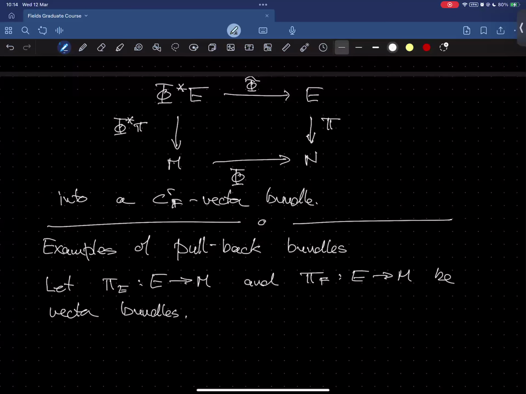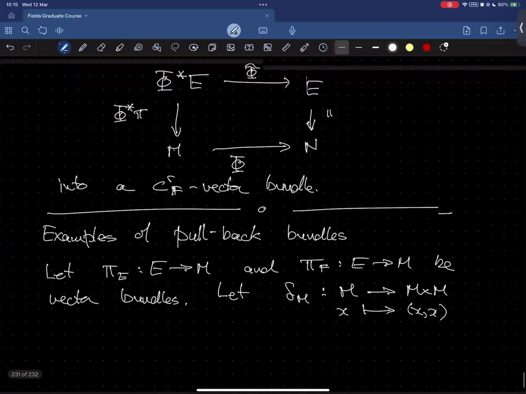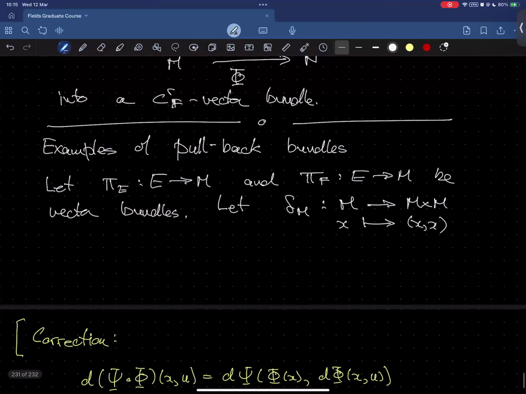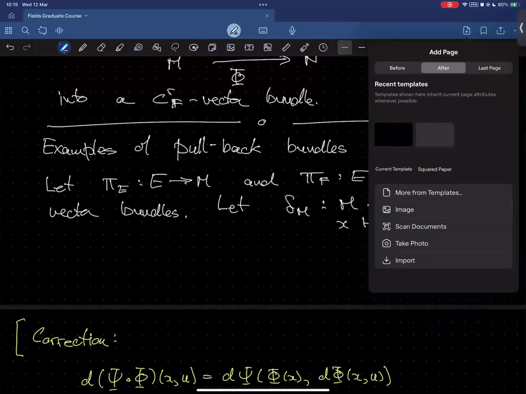So let little delta M be the mapping from M to M cross M. This is going to be the diagonal mapping, like that, which is a useful and very elementary thing.